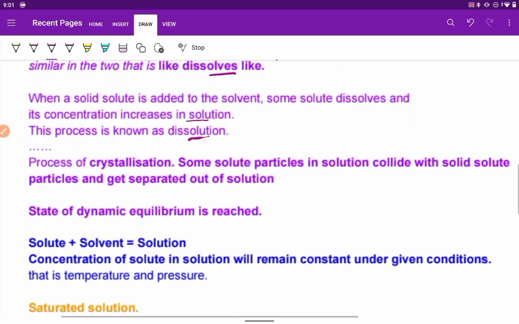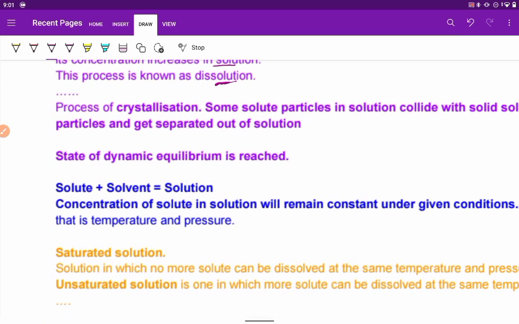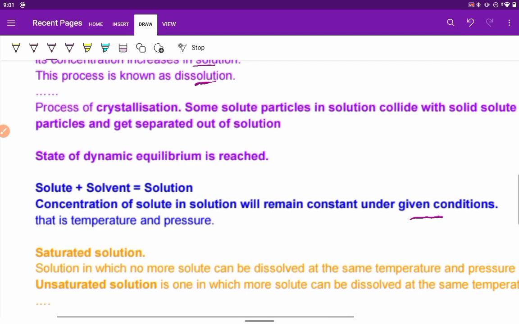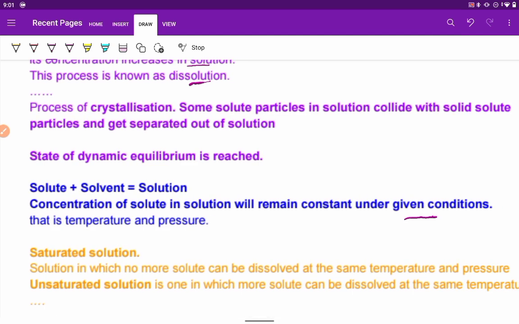So we know that solute plus solvent gives a solution. But in case of dynamic equilibrium, the concentration of the solute in solution will remain constant, but it will happen till the conditions remain the same, that is, in the given conditions of temperature and pressure.